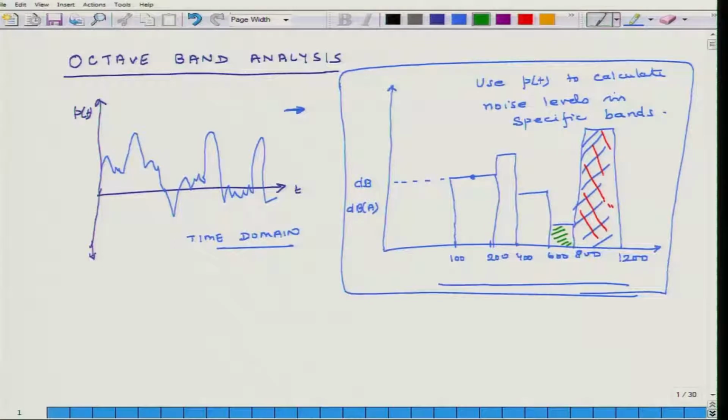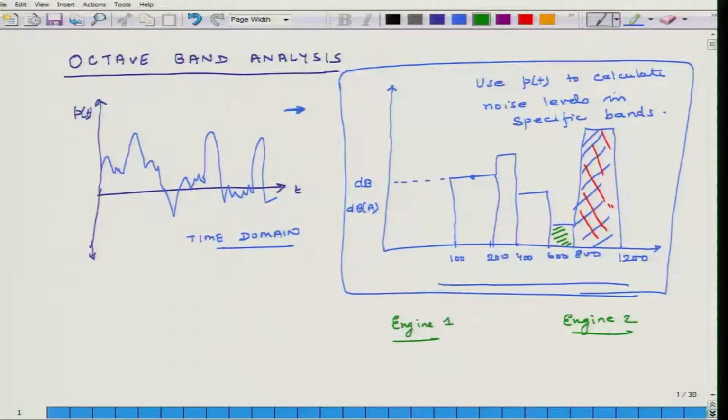The other use of these type of plots is that they can compare. So, let us say there are two engines, engine 1 and engine 2, and they want to compare how noisy each of the engines is.